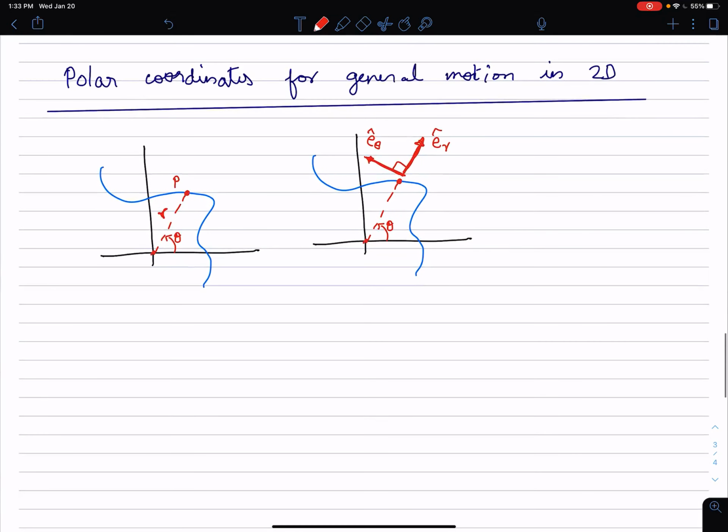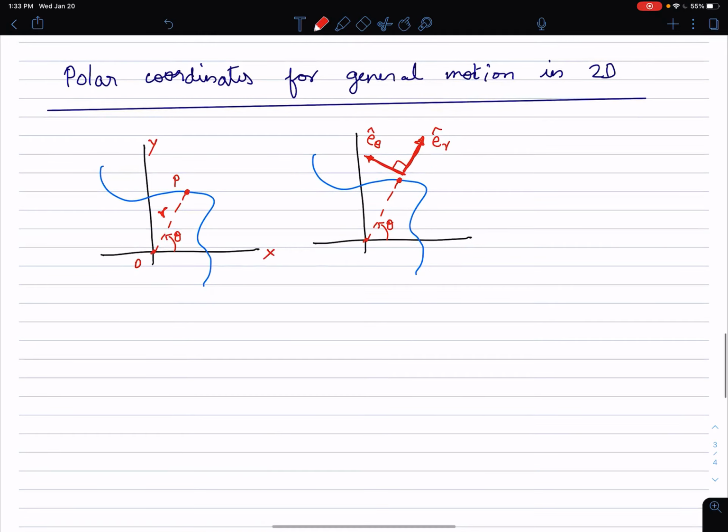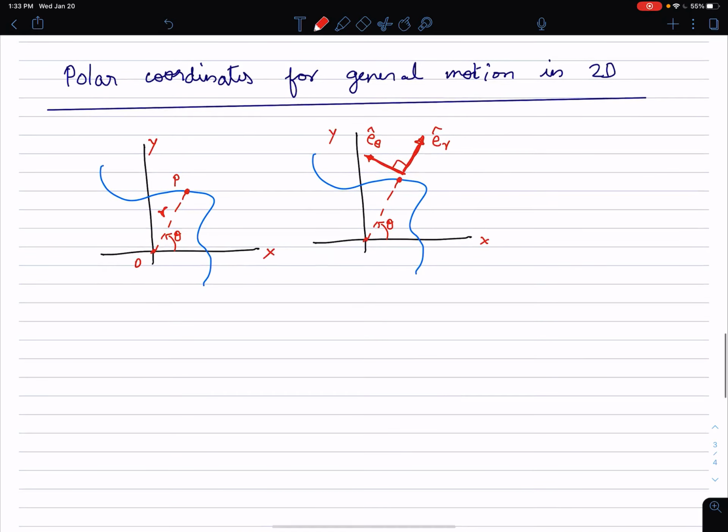Okay, so that's it. That's polar coordinates. r is still the distance between point O, the origin, and the point P. Theta is still the angle made by OP with respect to the x-axis. And e_r is along OP and e_theta is perpendicular to OP.